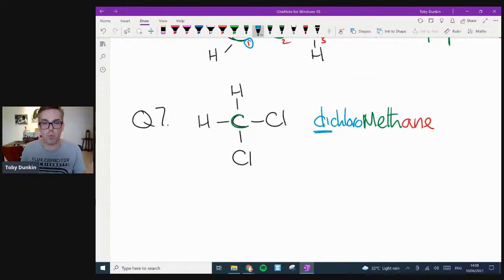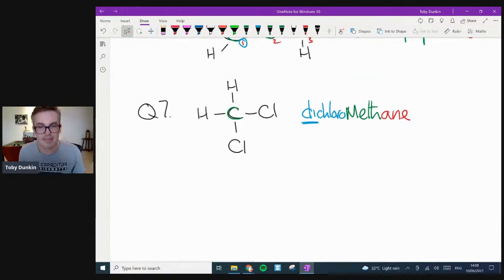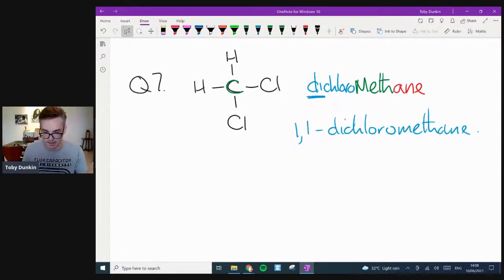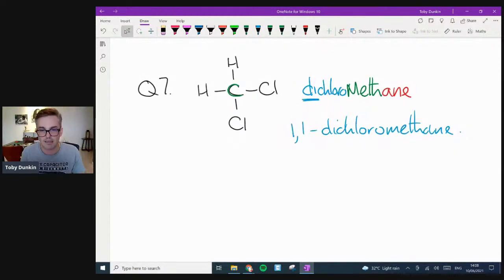By the way, if you wanted the numbers, you'd have to include 2 numbers. This would actually be 1,1-dichloromethane, if you wanted the numbers. But because the chloros can't go anywhere else, you don't really need them, but you can include them if you like. I'm very impressed.